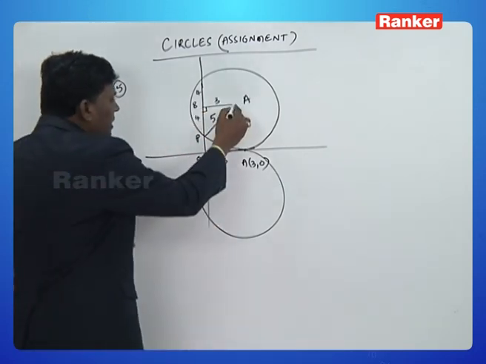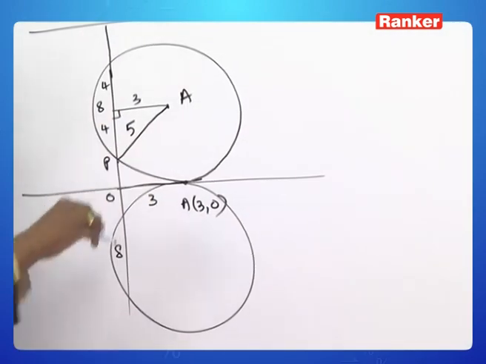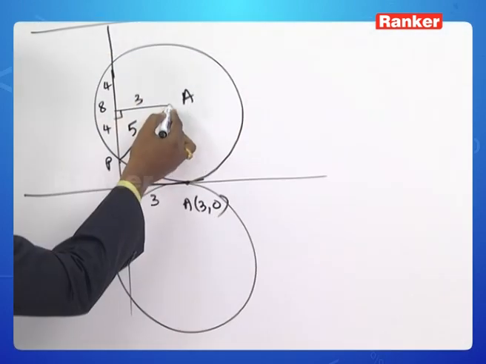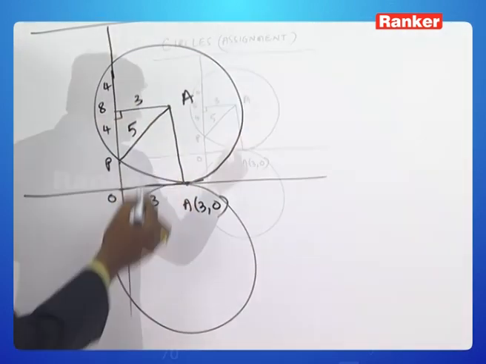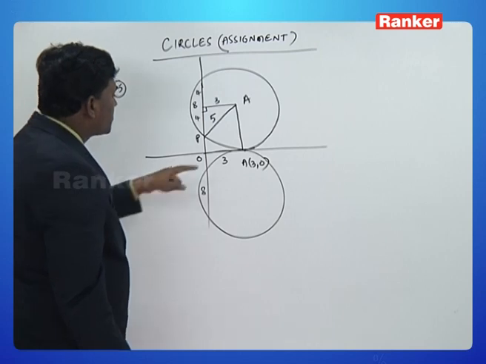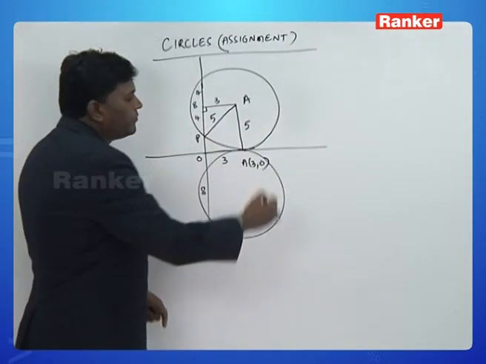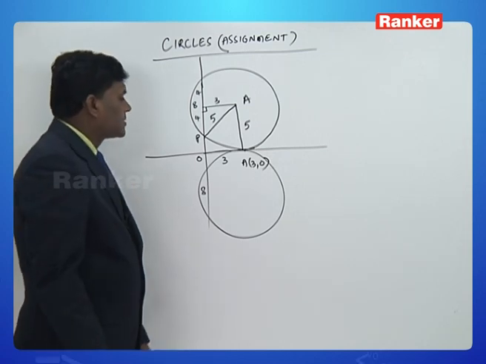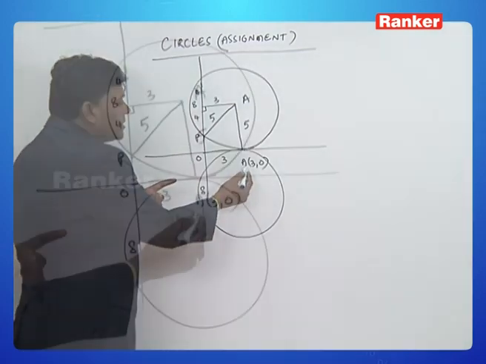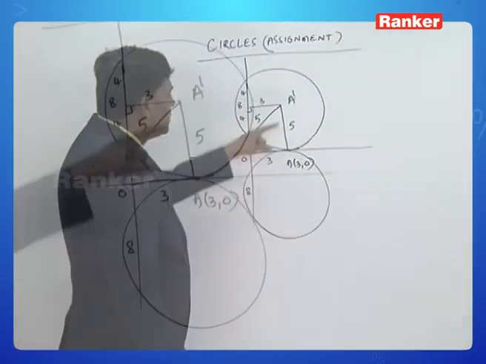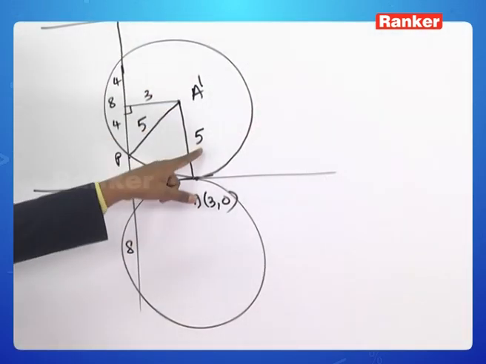But this AP is representing the radius of this circle. That is why if you join this A with (3, 0), this length is also becoming the radius, which is obviously 5 units, because already we have taken the point A. Now let us take this center as A dash. Therefore, the A dash A length is again 5 units.